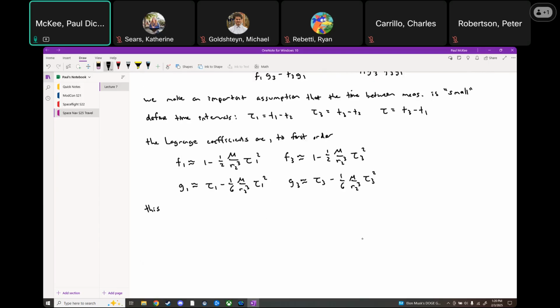This allows us to approximate the Gibbs coefficients as functions of time.